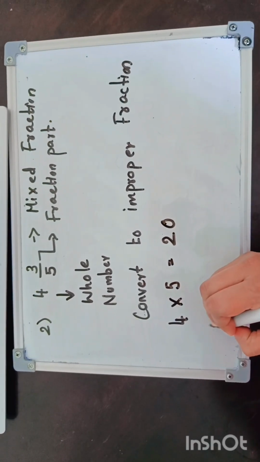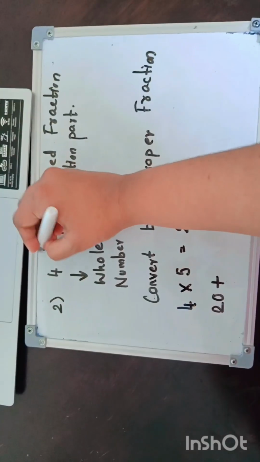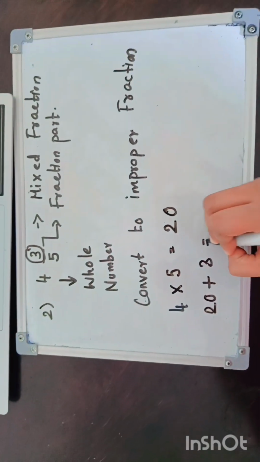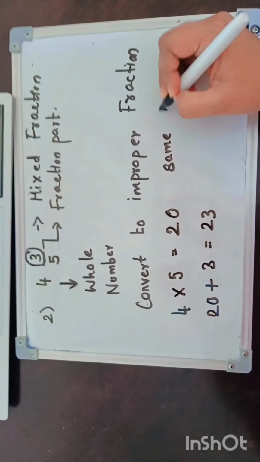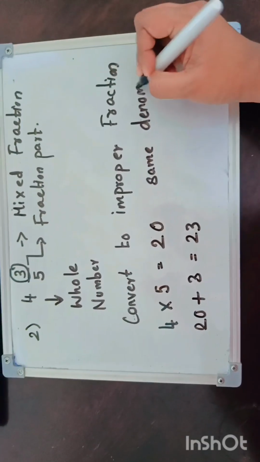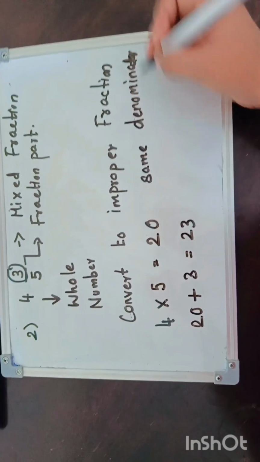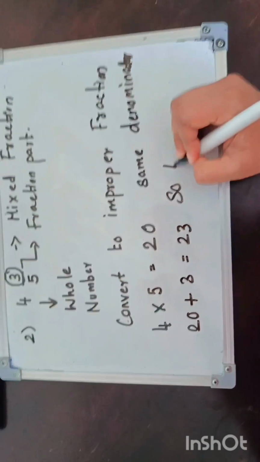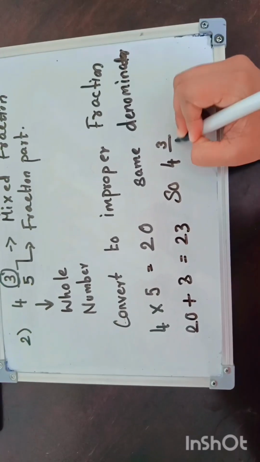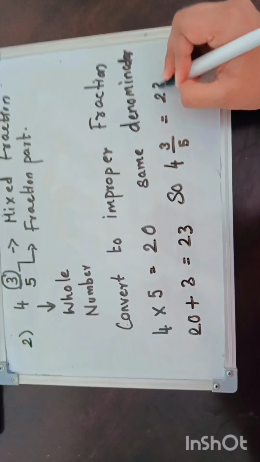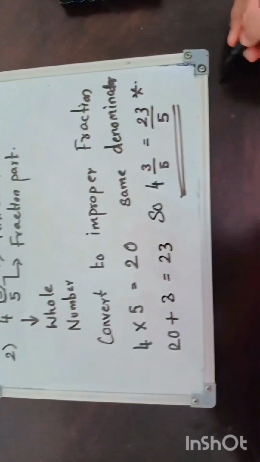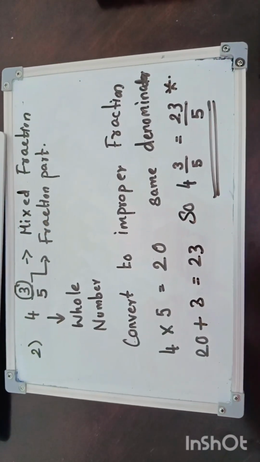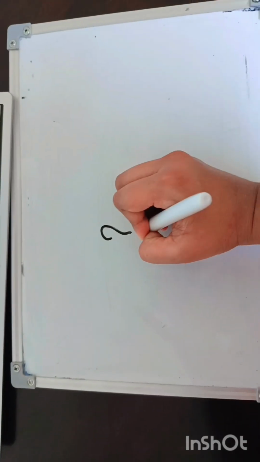Now we add the numerator, which is 3, so 20 plus 3 equals 23. Then we keep the same denominator, which is 5. So our answer is 23 by 5. The mixed fraction 4 and 3 by 5, converted to improper, gives 23 by 5.